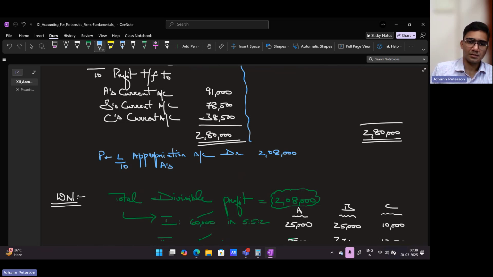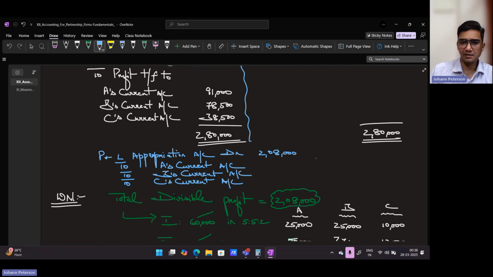So A's current account to B's current account and to C's current account. Amount as we have written 91, 78,500 and 38,500.